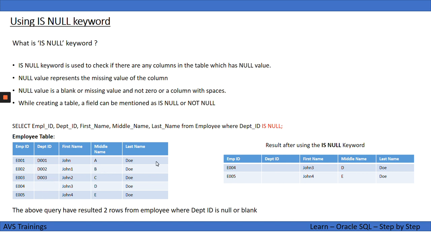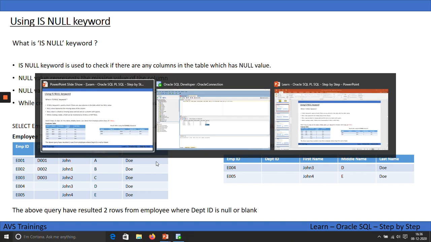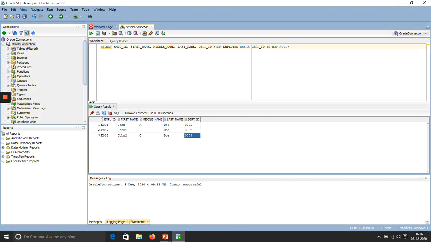So let's try to run this query in the database. I have a query already written: SELECT employee ID, first name, middle name, last name and department ID FROM employee table WHERE department ID IS NULL.